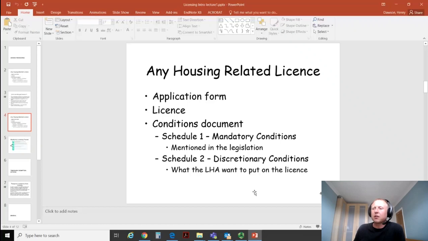And then discretionary conditions are there's a whole wealth of conditions that the local authority, it's the Local Housing Authority (LHA) on this slide, can place on their license in order to tailor the requirements for the landlords to carry out to the issues that you have in their local authority area.